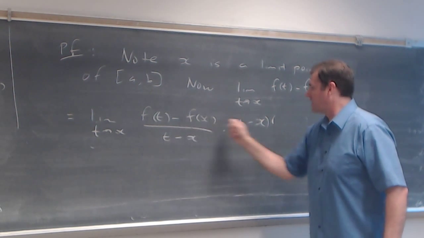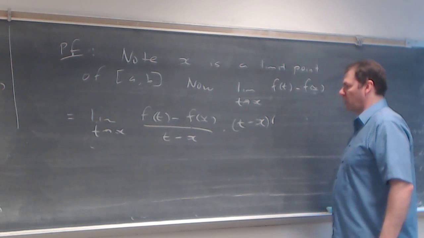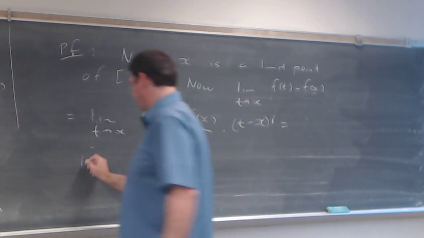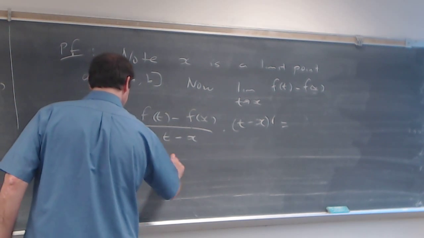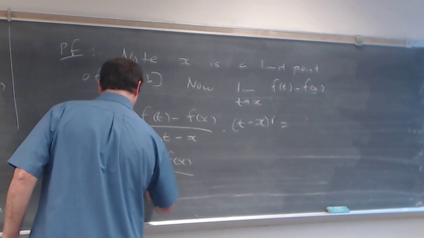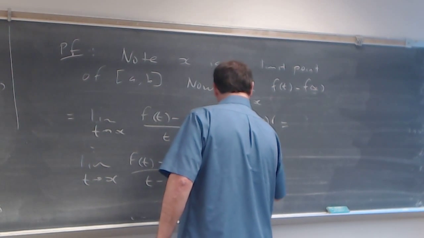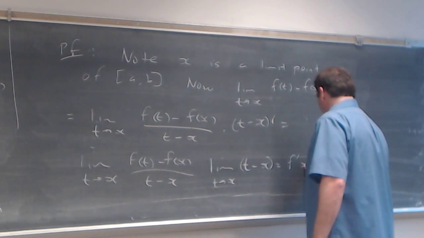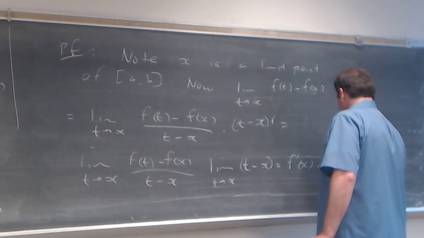So we have a limit of a product, and since the limits of each factor in this product exist, we can break that down as the limit as t goes to x of f of t minus f of x all over t minus x times the limit as t goes to x of t minus x, and that's f prime of x times 0. And so that equals 0.